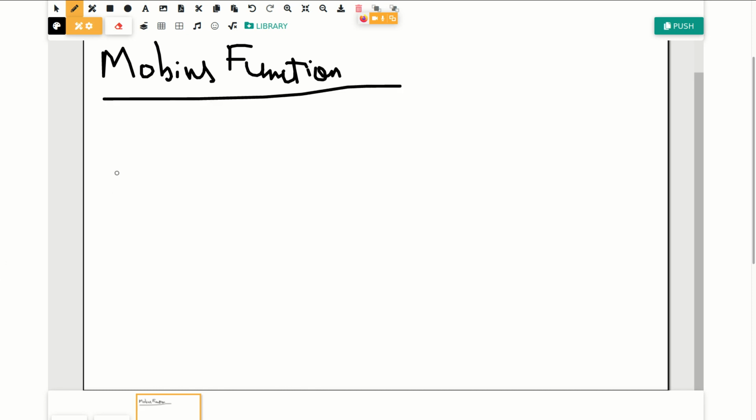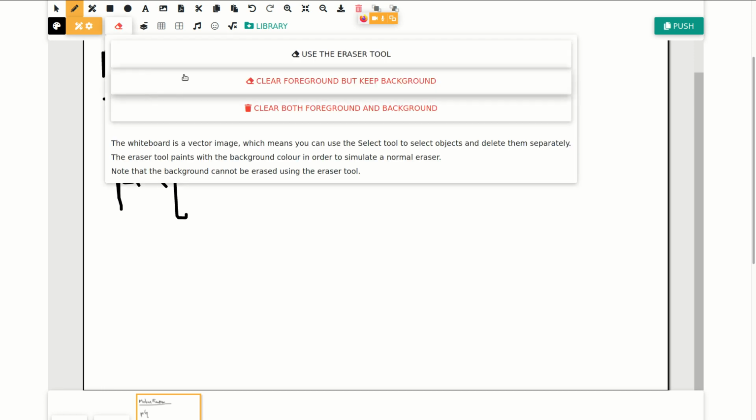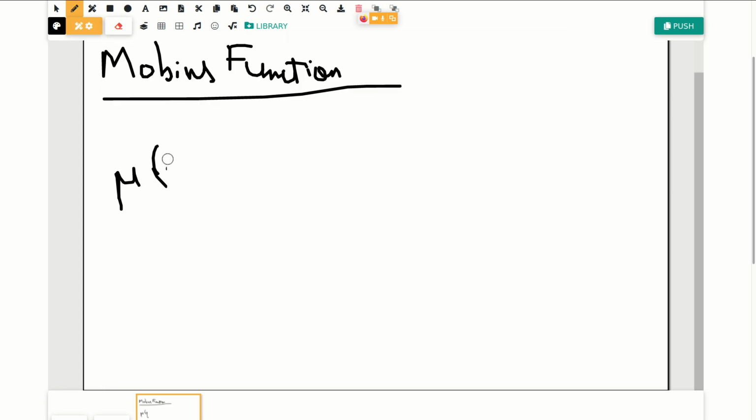Yeah, so the Mobius function has a very cool name, but it's very simple. mu of x is defined as follows. It is equal to 1 if x is equal to 1.